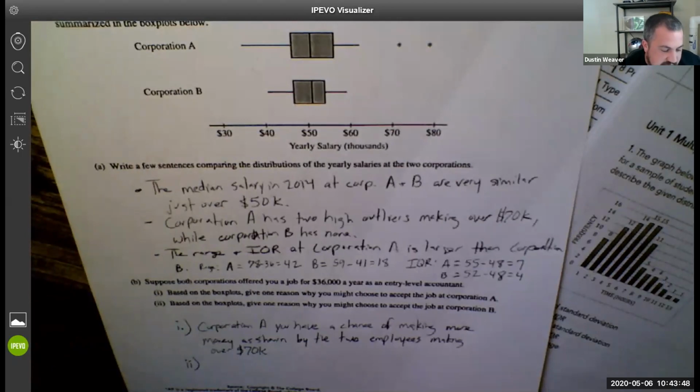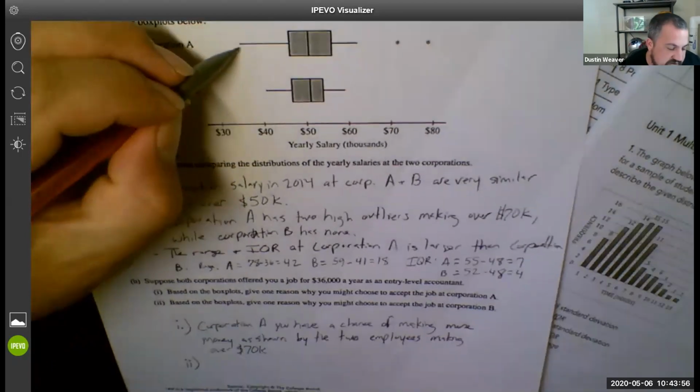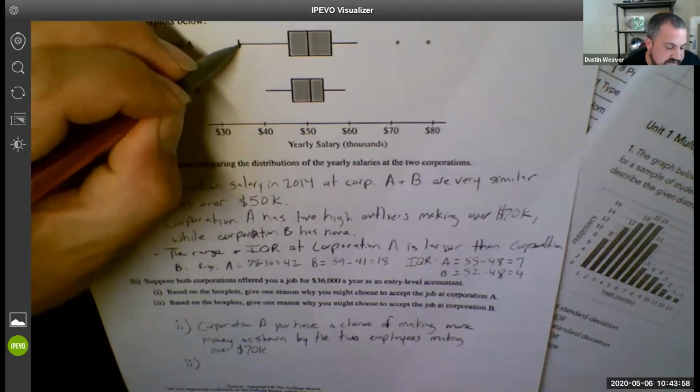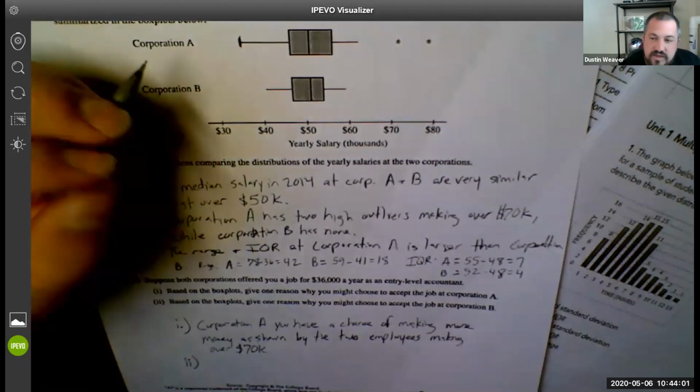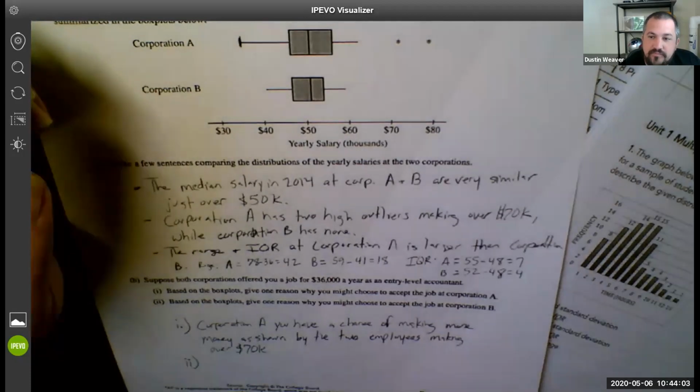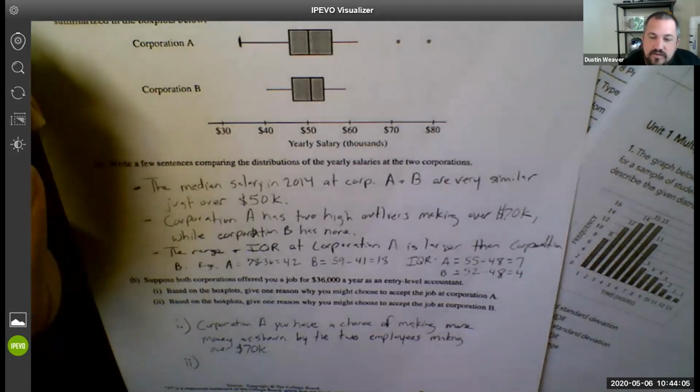36,000, right? And what did they start with 5 years ago at Corporation A? 36,000. So what's happened in 5 years at Corporation A to the employees at the bottom?